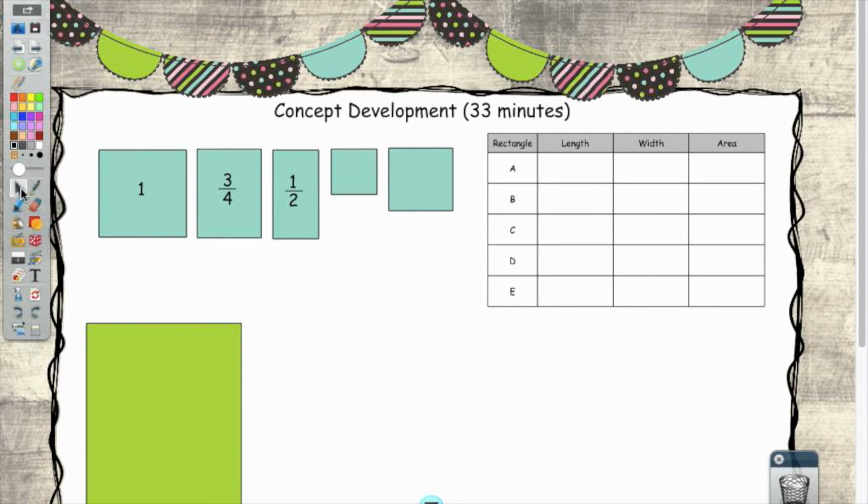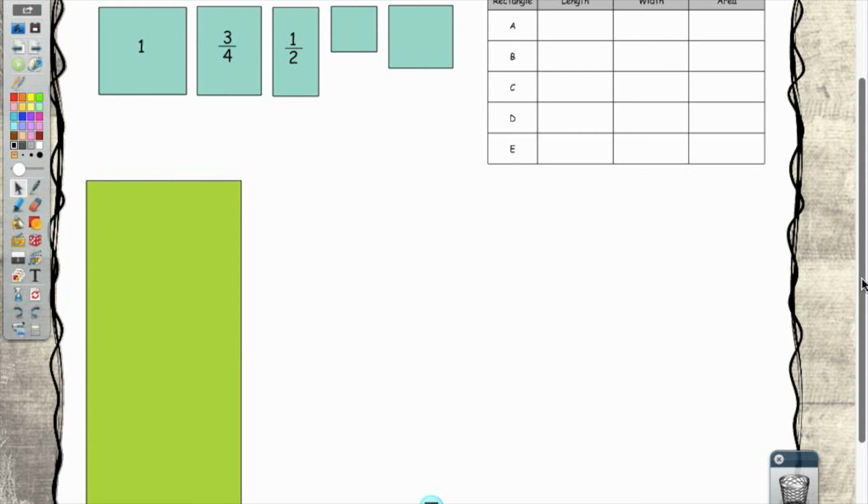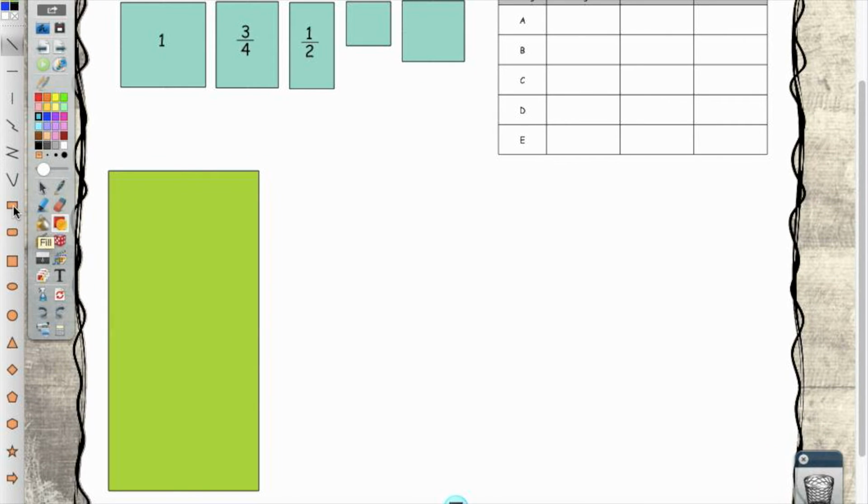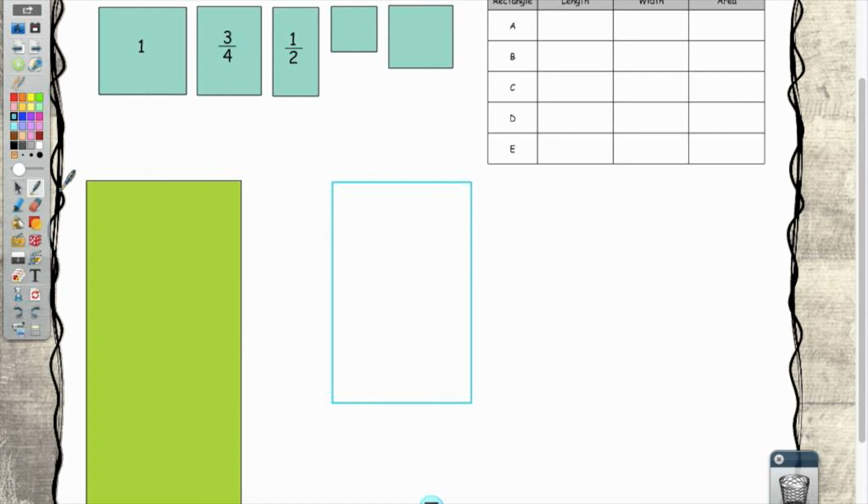The second one. So this rectangle appears to be a little longer. So go ahead and draw a rectangle. You don't have to make it be exact. And I'm going to start dragging tiles. Okay, you can stop talking.